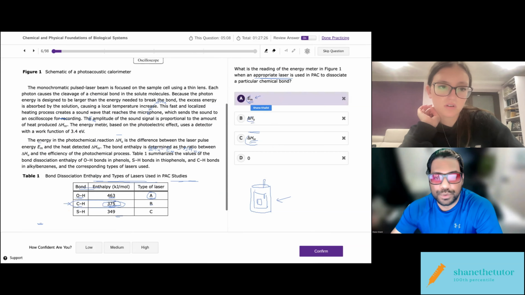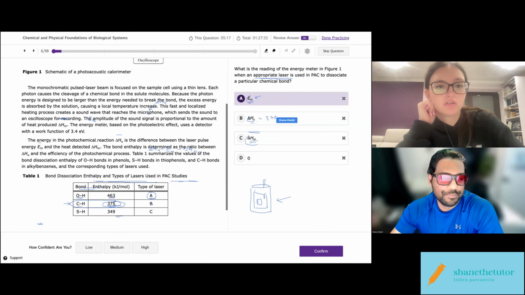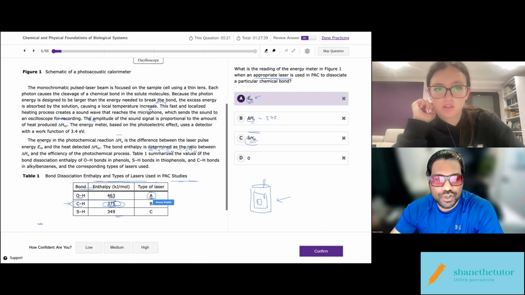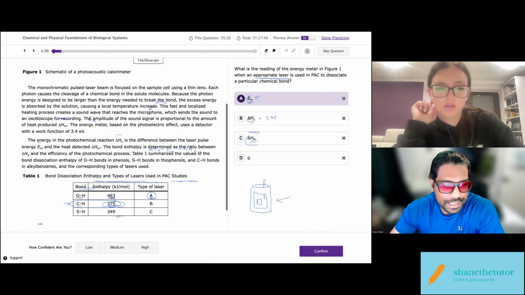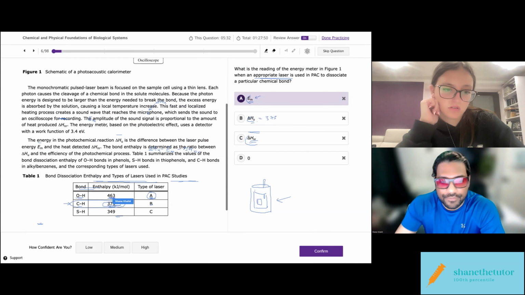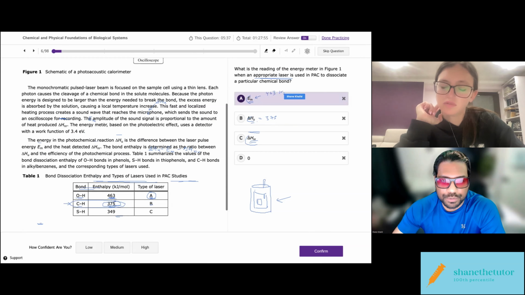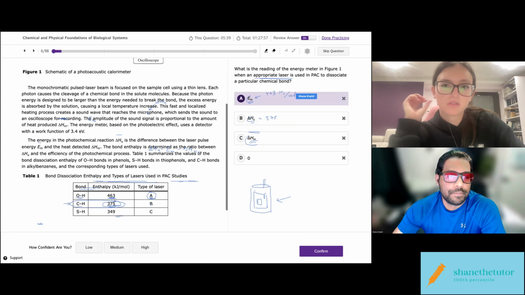Which one do you think it would be? The HU. Good. So let's say 375, right? And if we use laser A, we can see from here that it really has an energy of 463 kilojoules per mole.